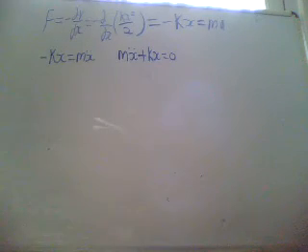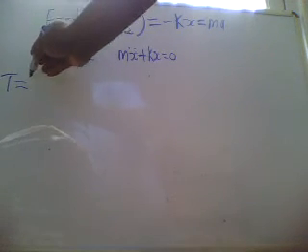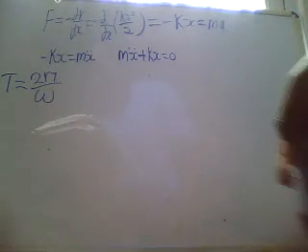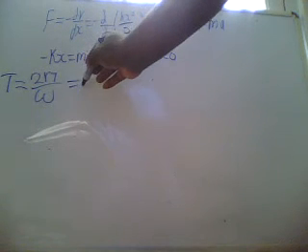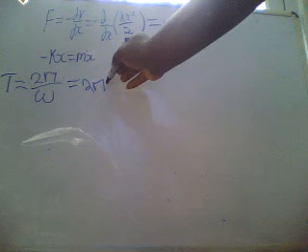Then we look further. We can define the time period, the time it takes for the body to oscillate. T is equal to 2 pi over omega, which is also equal to 2 pi times the square root of m over k.